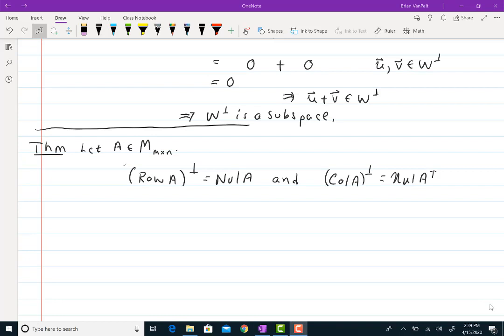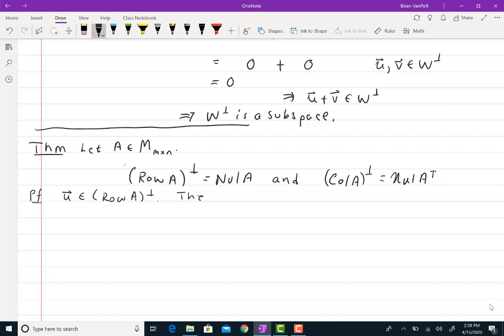For the proof of this, I am going to pick an arbitrary vector inside of row A perp. So let's call it u. So I'm going to allow u to be in row A perp. Well, what does that mean?